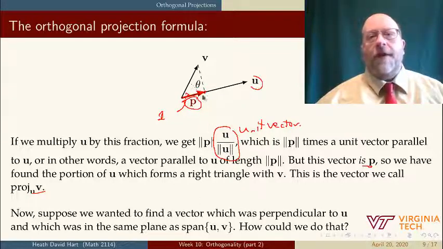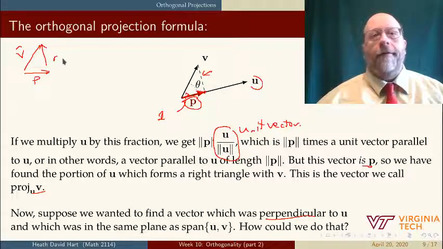What if instead of finding this leg, we want to find the vector that's perpendicular to u? How would we find this vector? Well, using the head-to-tail rule, if this vector is p, and this vector is v, and this vector is the one that we want, let's call it r, then p plus r is equal to v, which means that r is the same thing as v minus p.